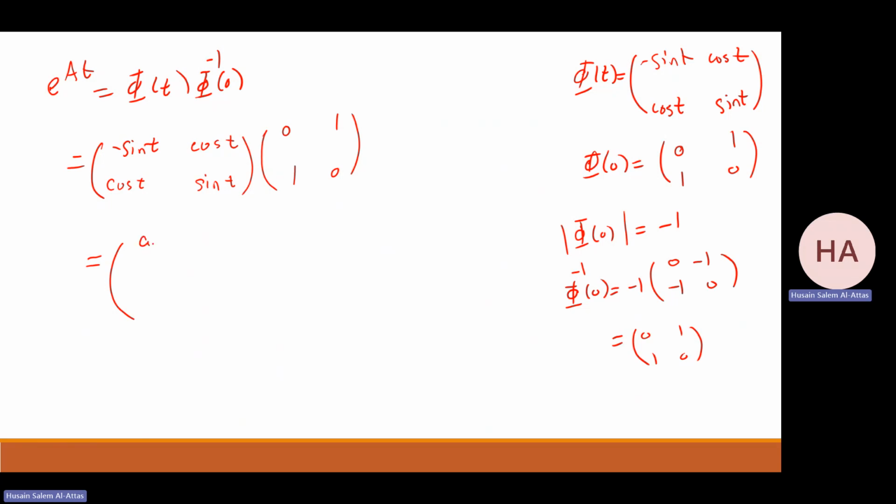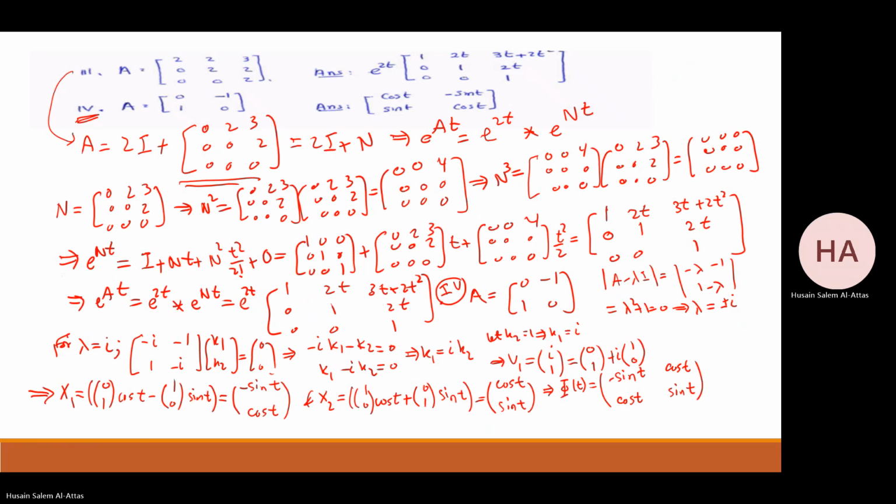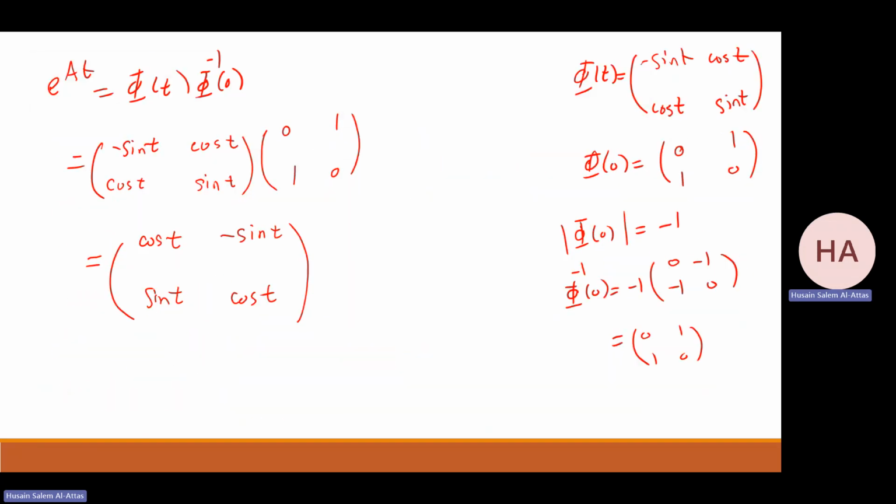This times this, that will be cosine t. This times this, minus sine t. This times this, sine t. This times this, cosine t. So cosine t, minus sine t, sine t, cosine t. Good, which is this answer.